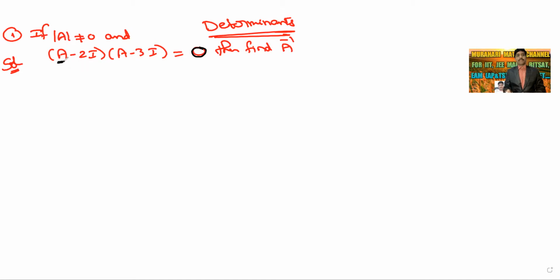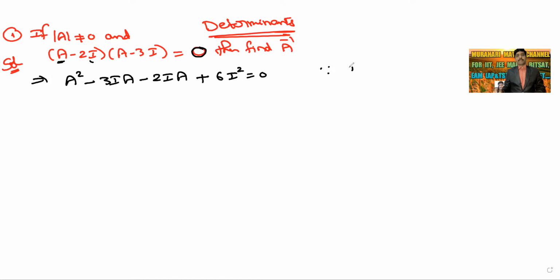First, A we should multiply: A into A is A square, minus A multiplied with 3I, that is 3IA, minus 2IA, and minus 2 into minus 3 is 6I square.